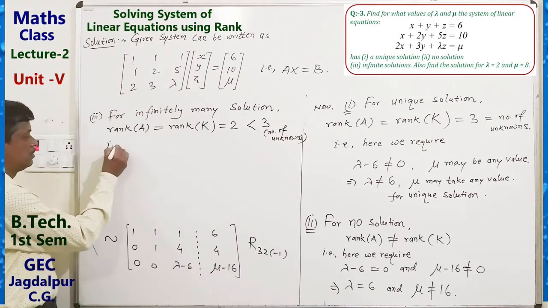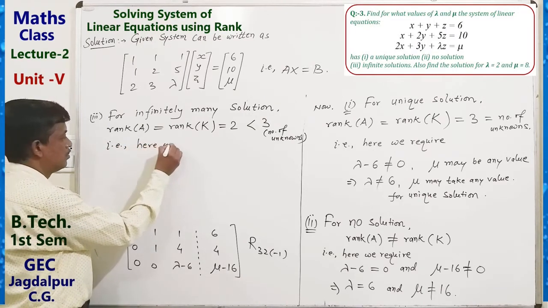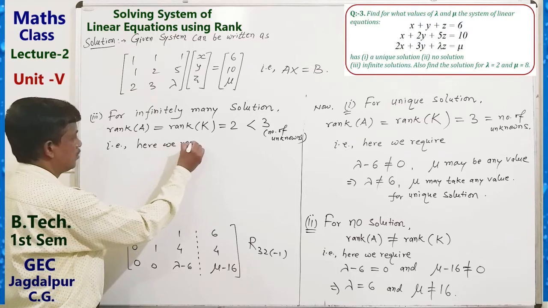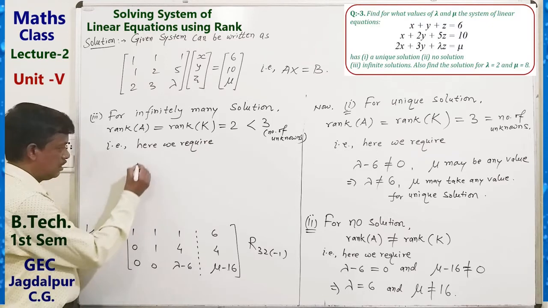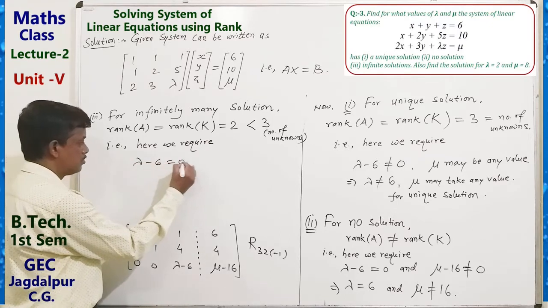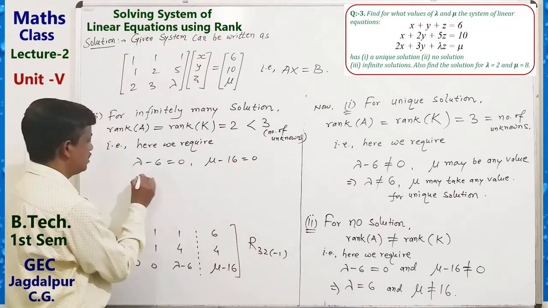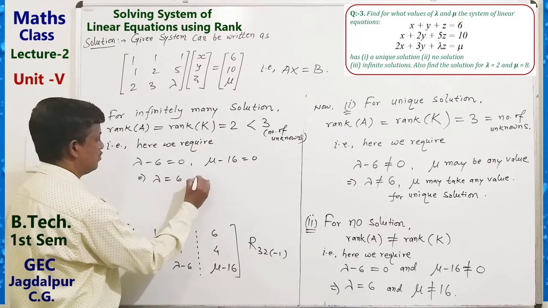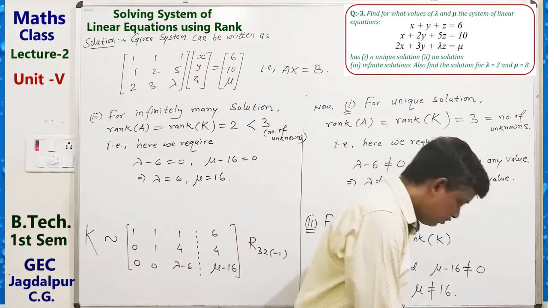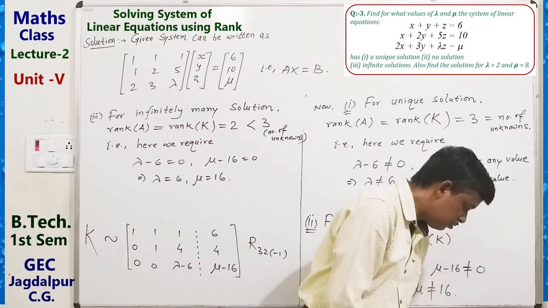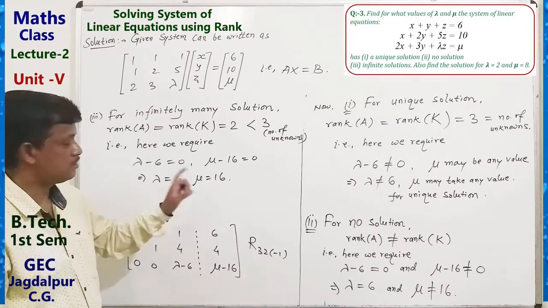That is, here we require lambda minus 6 equals 0 and mu minus 16 equals 0. This implies lambda equals 6 and mu equals 16. For infinitely many solutions, lambda equal to 6 and mu equal to 16.